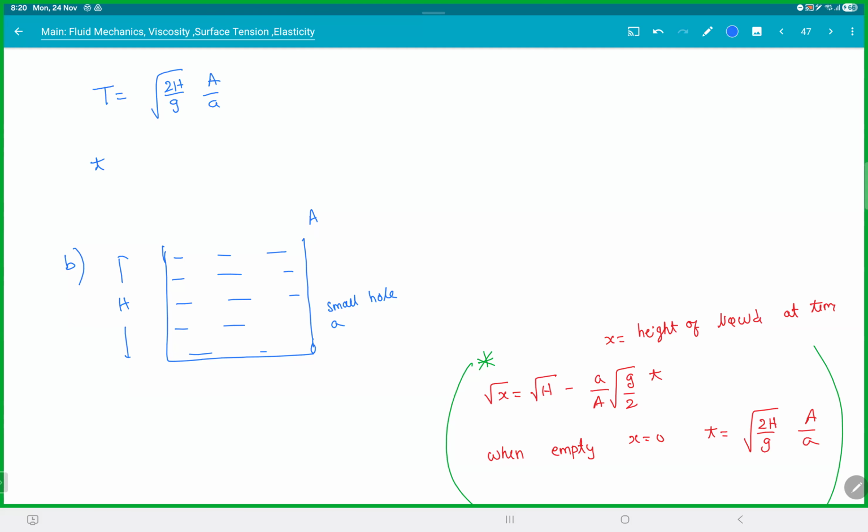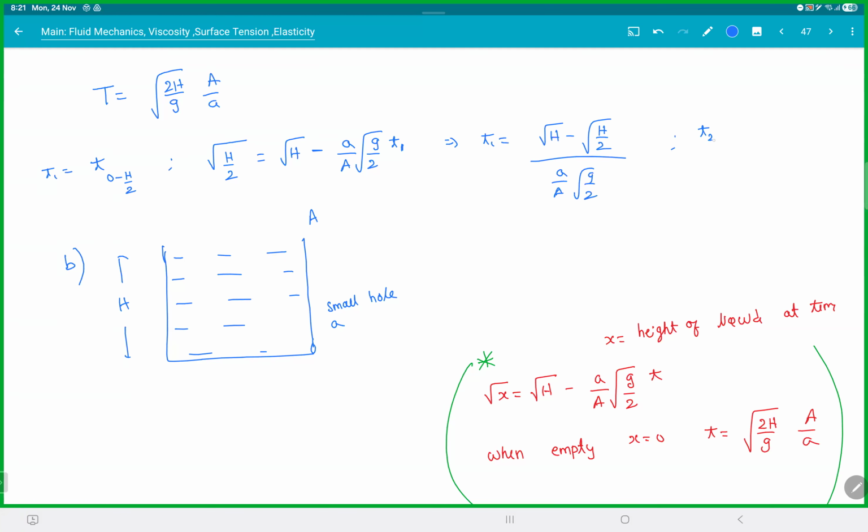For the first half, that is 0 to h by 2, root of h by 2 is equal to root h minus a by A times root g by 2. I'll just call it t1. So from here I get the value of t1: root h minus root h by 2, times A by a, times root g by 2.